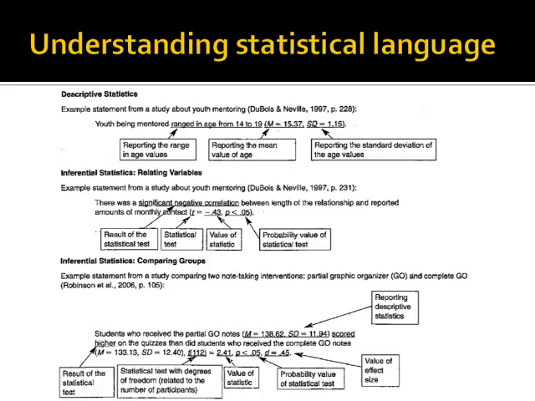It says students who received the partial graphic organizer notes, mean equals 138.62, standard deviation of 11.94, scored higher on the quizzes than did students who received the complete GO notes. Mean equals 133.13, standard deviation is 12.40. Let's stop there for a second, press pause.